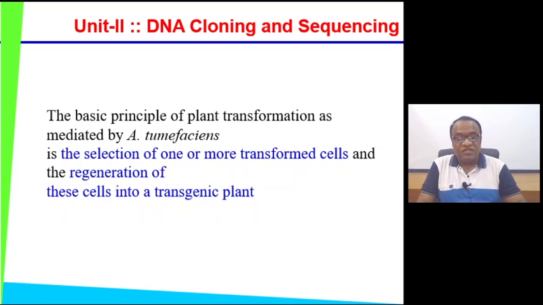Therefore, the transgenic state of the plant, whether it is truly transformed, must be confirmed before it is taken into the greenhouse conditions, before it is taken for acclimatization to the natural environment.